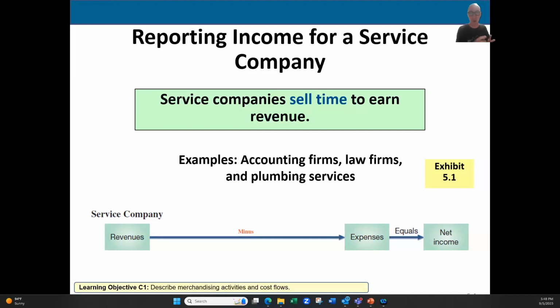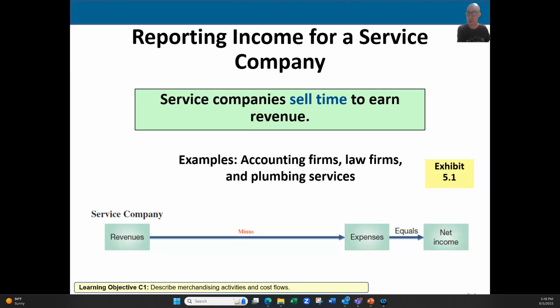An example of this would be an accountant, a lawyer, a plumber, a barber shop, a lawn care service. These are all service-oriented businesses, okay? They sell their time. They sell their service. It's not a tangible product that they're selling.